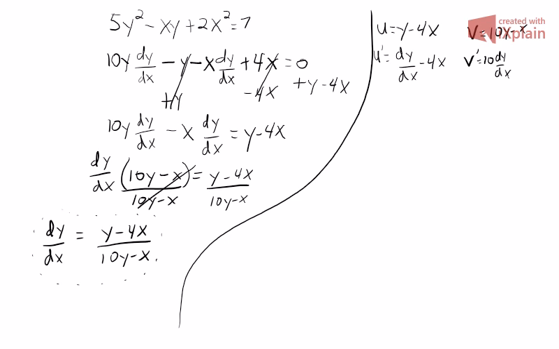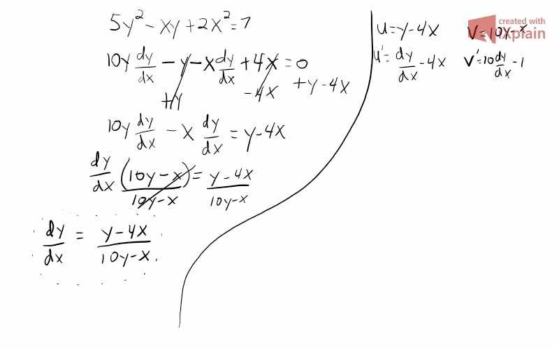Okay, and then derivative of minus x is minus 1. Okay, so from here, normally we would go ahead and use the quotient rule, but keep in mind we have these dy over dx's. We're going to have to adjust for that later. But let's go ahead and use the quotient rule.